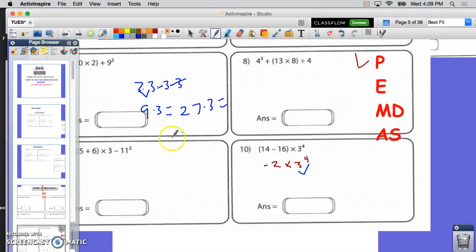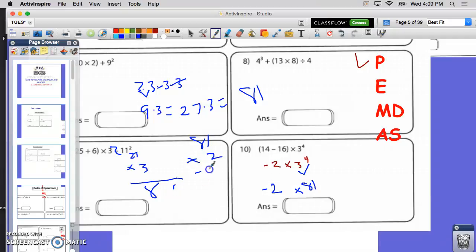Times another 3 is 81. Ta-da! So I know now that this is 81 times a negative 2. 81 times 2. I know my answer is going to be negative because I have negative times positive. 1 times 2 is 2. 8 times 2 is 16. So I have negative 162 for the answer there.